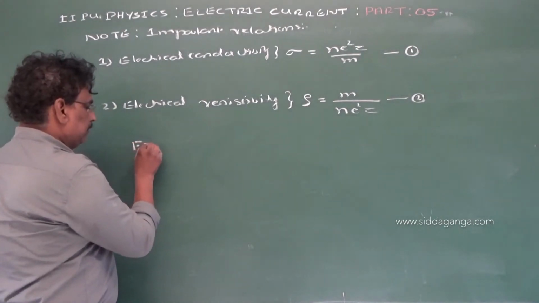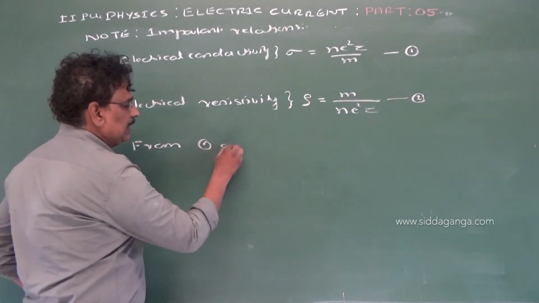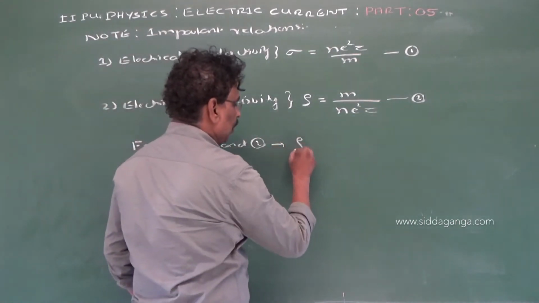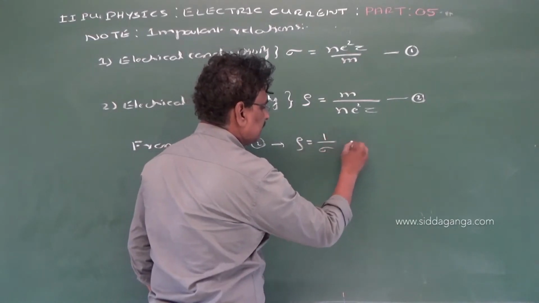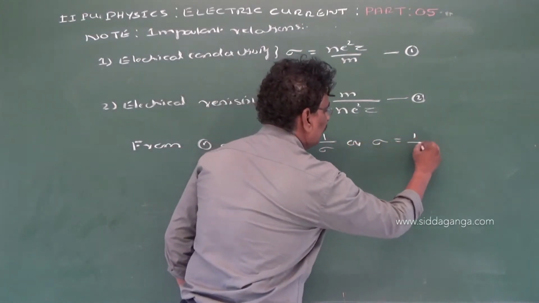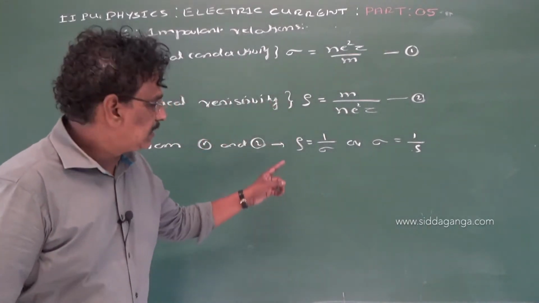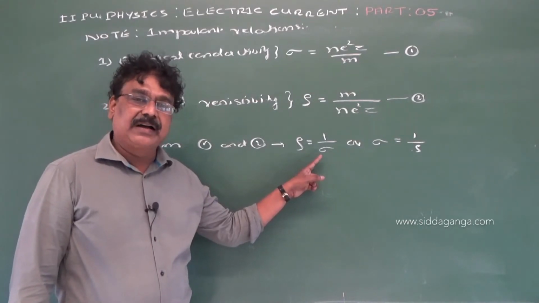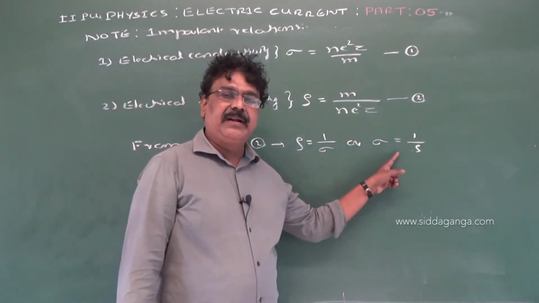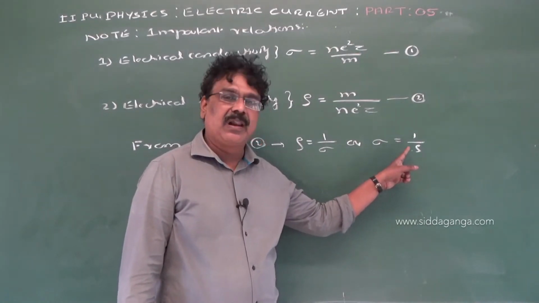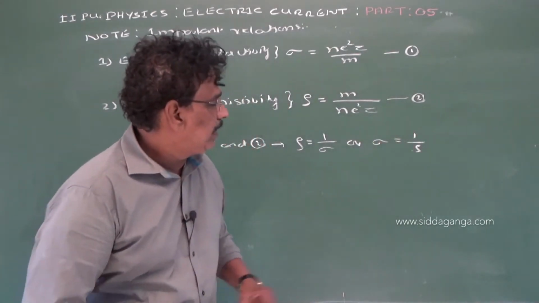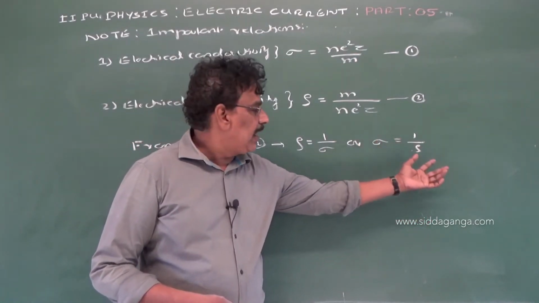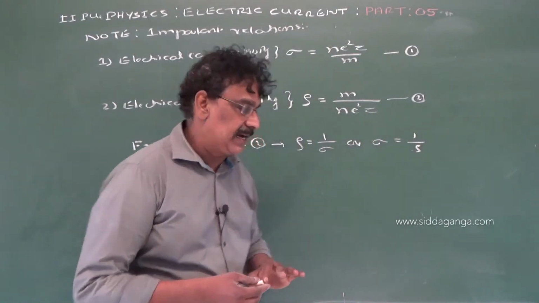Now from equations 1 and 2, we have rho is equal to 1 by sigma, or sigma is equal to 1 by rho. Resistivity is defined as the reciprocal of conductivity, or conductivity is defined as the reciprocal of resistivity. Here, smaller the resistivity, higher is the conductivity. Higher the resistivity, smaller is the conductivity.